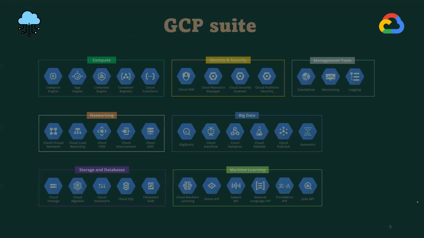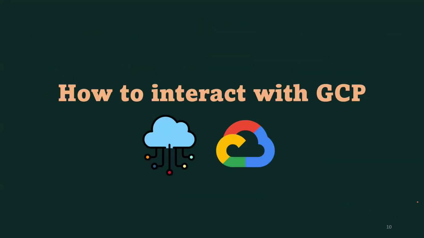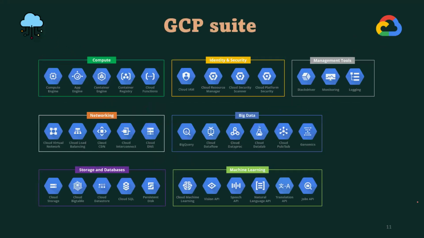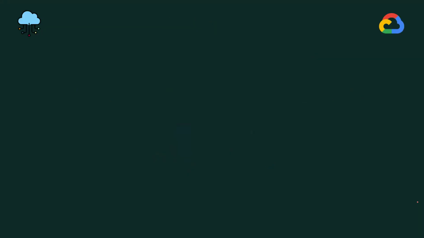You can see here that there are many Google Cloud Platform services. Sir, I am becoming a data engineer. If I want to interact with these GCP services, how do I do that?